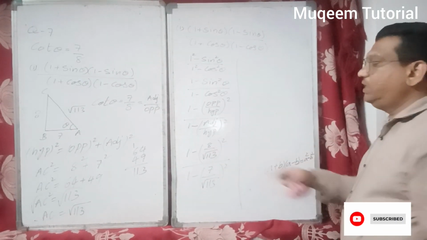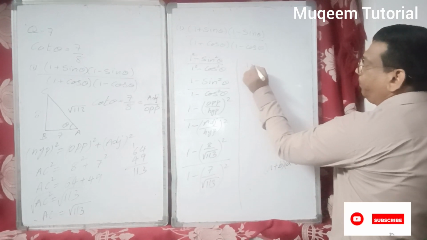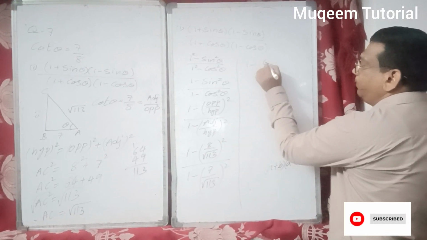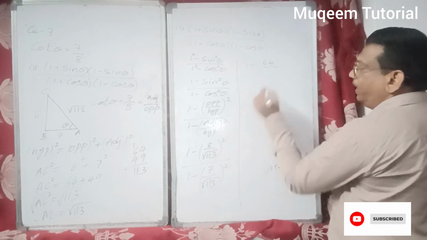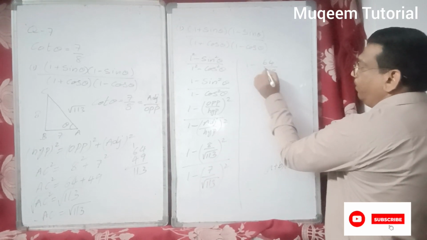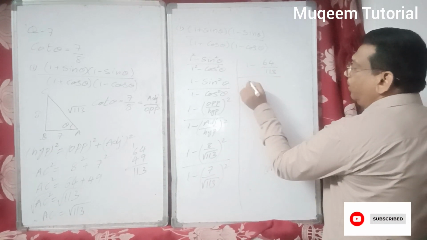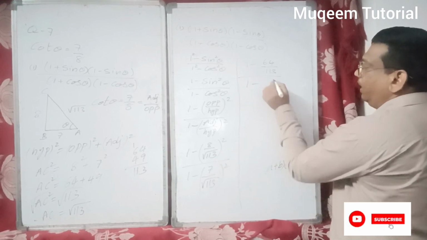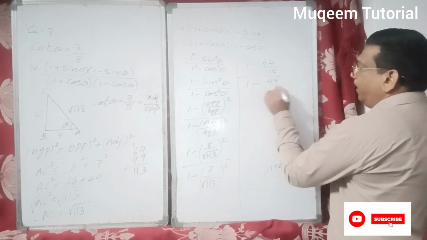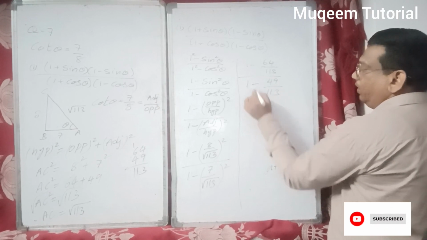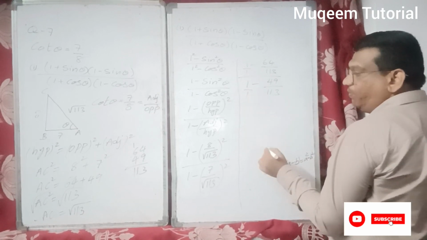So we will get here 1 minus 8 square, which is 64, by 113, since the square and root will be cancelled, it becomes 113, by 1 minus 7 square, which is 49, by 113. Take the LCM of both.